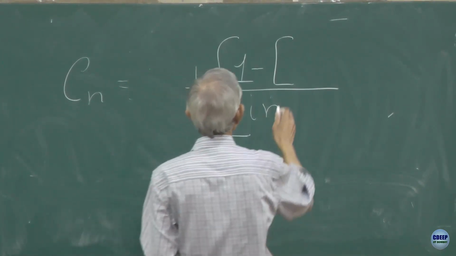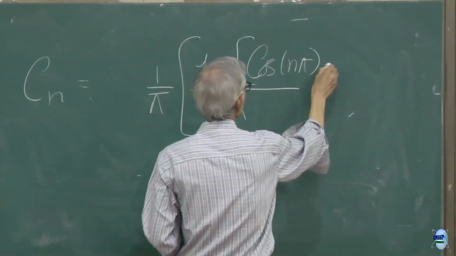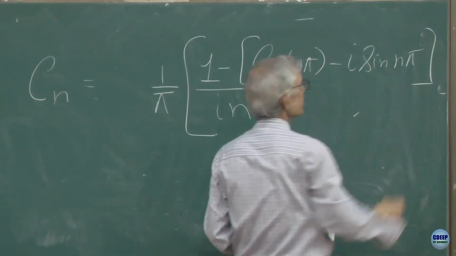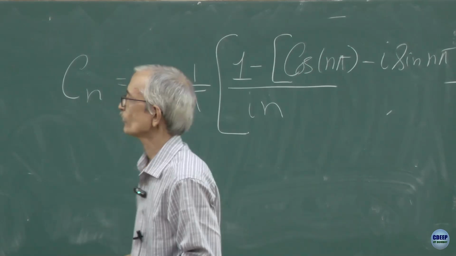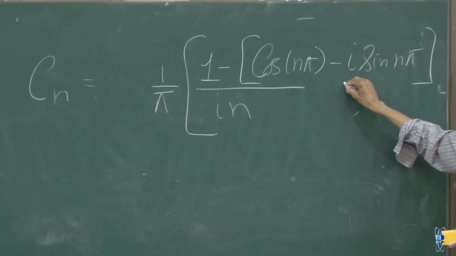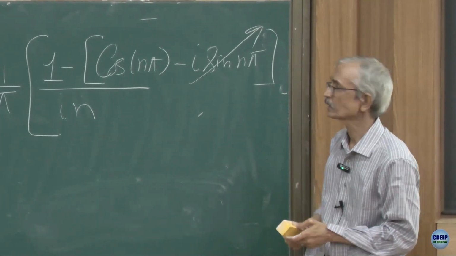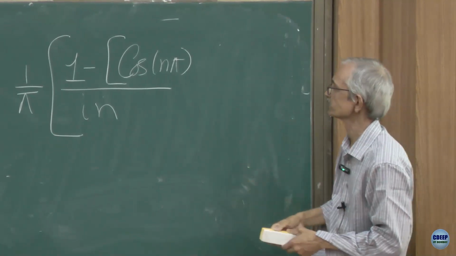Cos of n pi minus i sine n pi, right? I've just expanded it, nothing else. What is sine of n pi? 0, right? So this guy is gone. So now it starts to appear like maybe the algebra is correct, right?